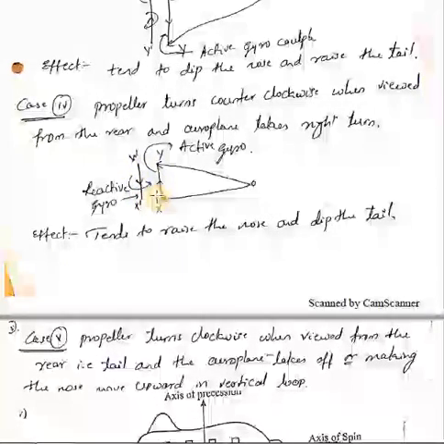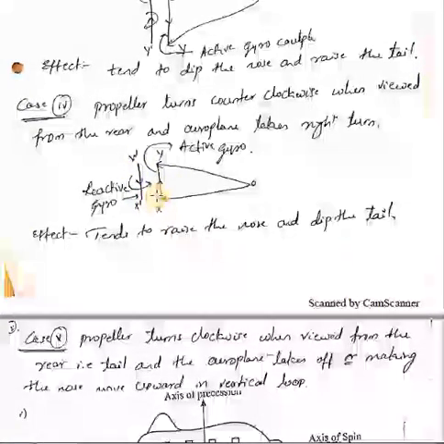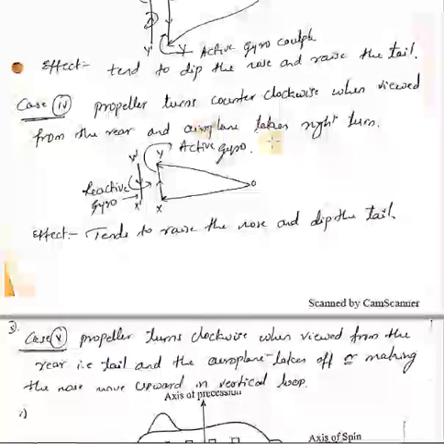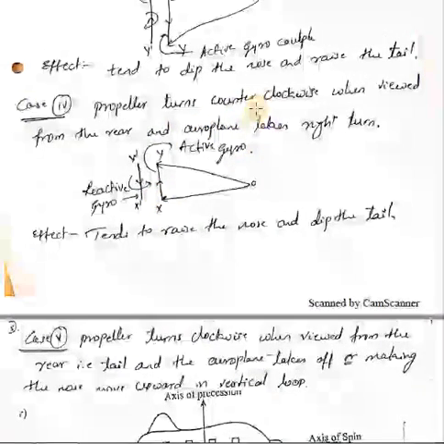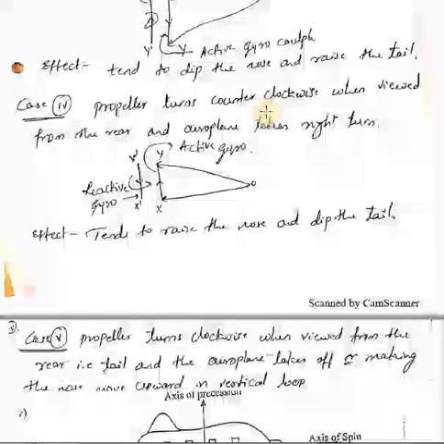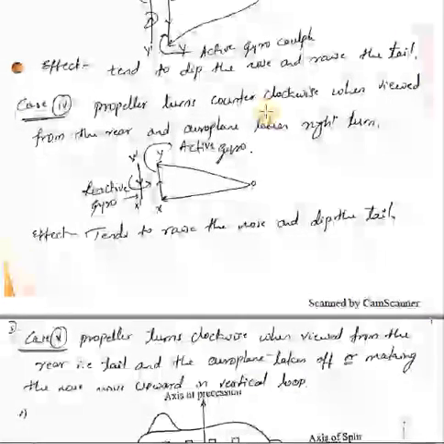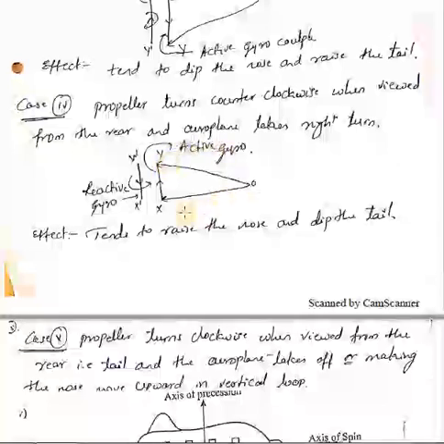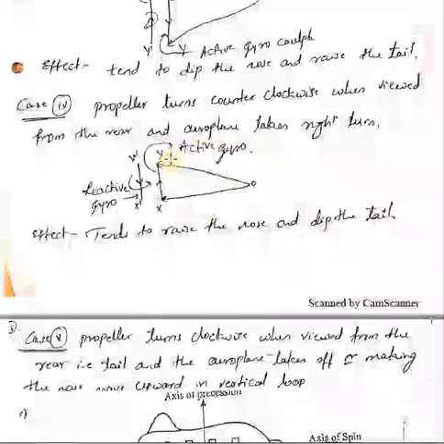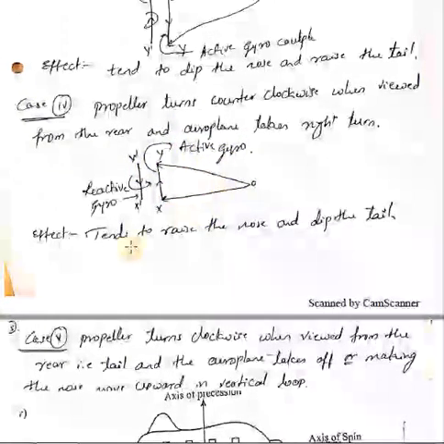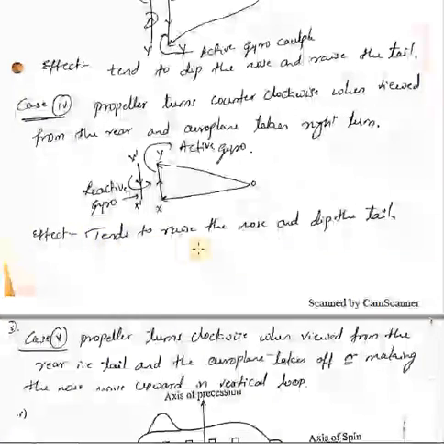So here the only difference between the first two and this third and fourth is the direction of the propeller. Okay, so there it was clockwise and here it is counterclockwise. So you just need to reverse the conditions while drawing this vector diagram for the angular momentum. So the effect will be that it will tend to raise the nose and dip the tail.